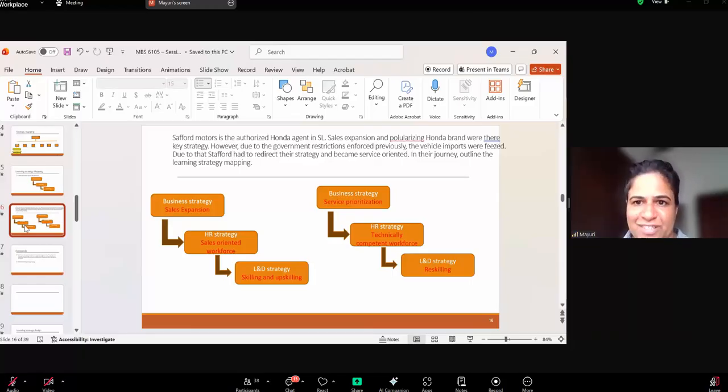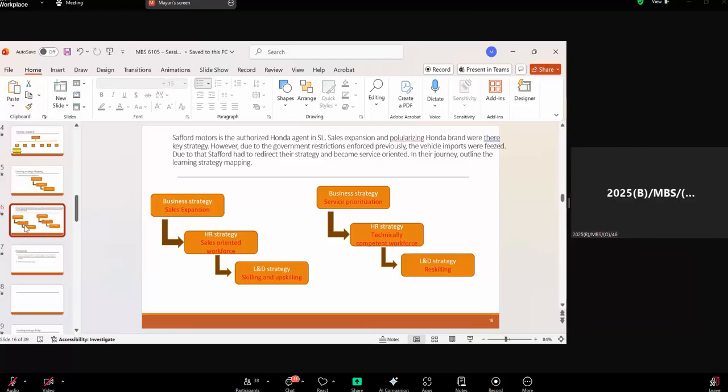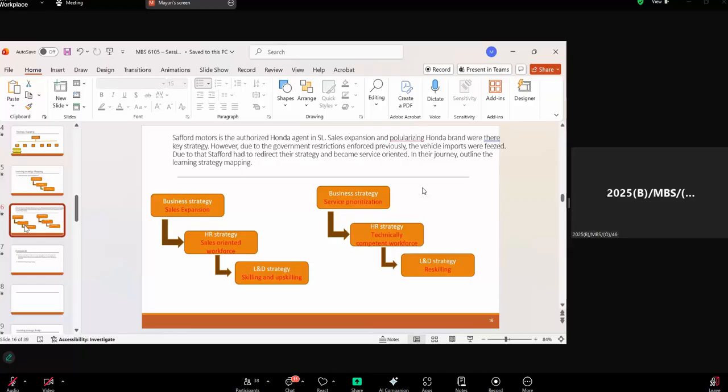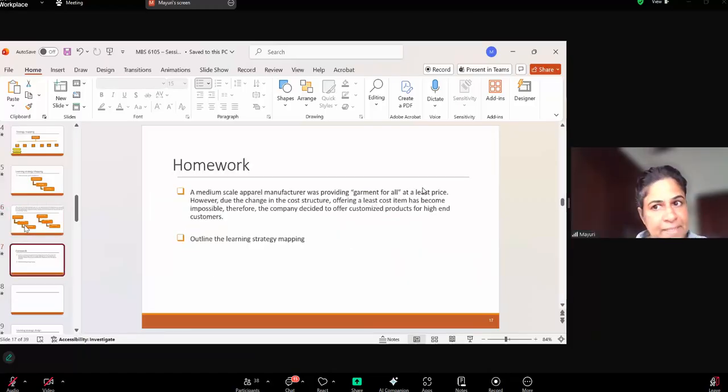Understood? Yes, madam. So offering that, you need the technical competency. Yes. So here service means not customer service but auto services like accidents, upgrading, repairs, and regular auto services, right? Yes, madam. Got it. Right. Please do this one at home.